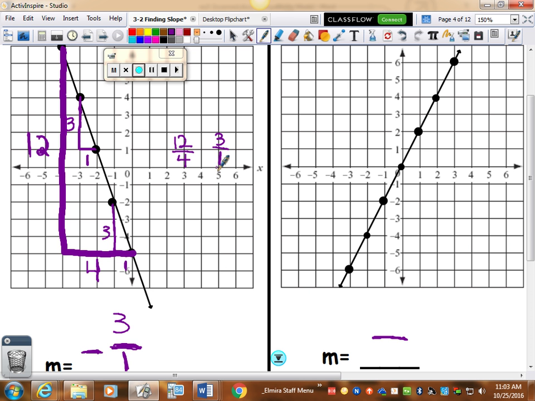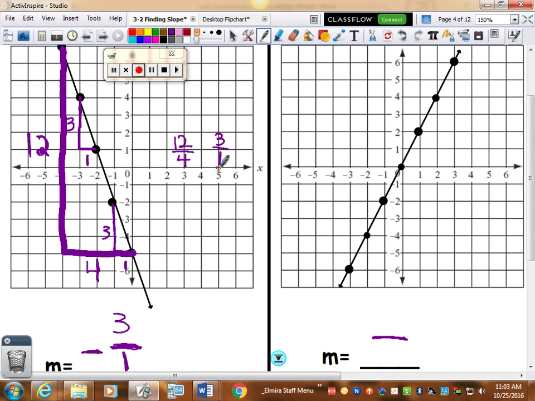Or if I divided 12 divided by 4 and 3 divided by 1, I would get 3 either way. So the moral of the story is it does not matter which 2 dots that you choose to connect for rise over run. However, if you pick 2 dots in a row, you may not have to simplify. It'll reduce your need to simplify.